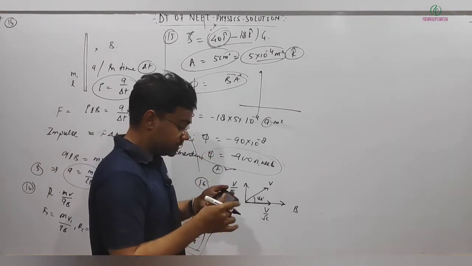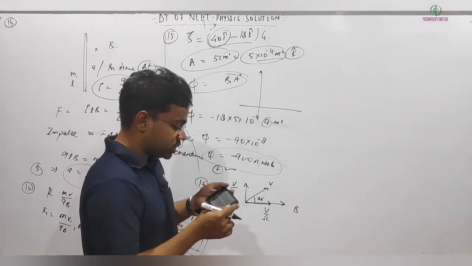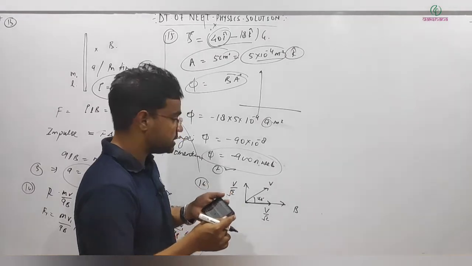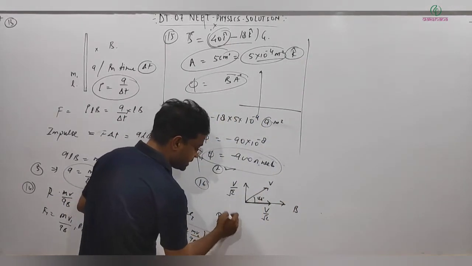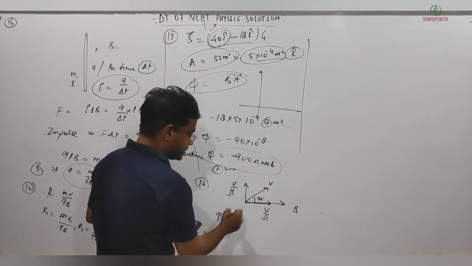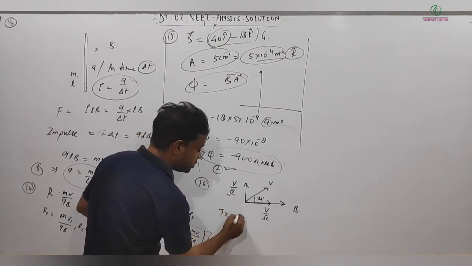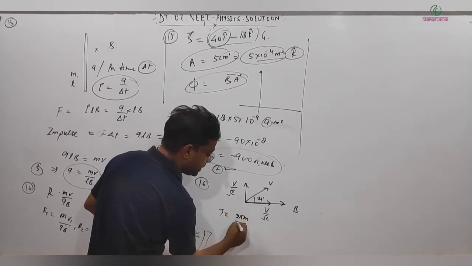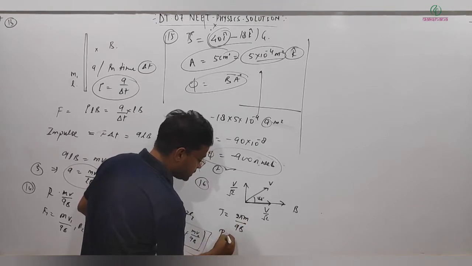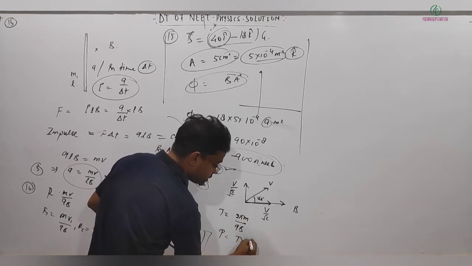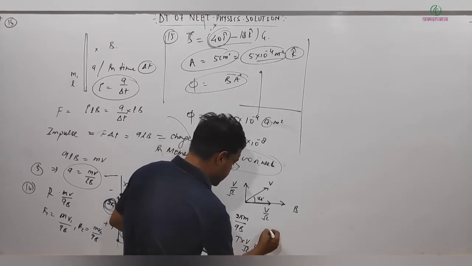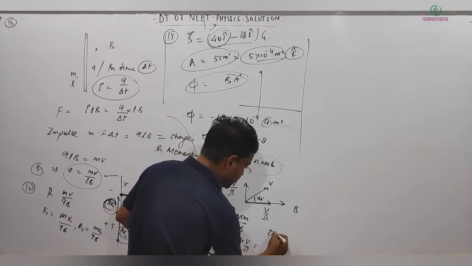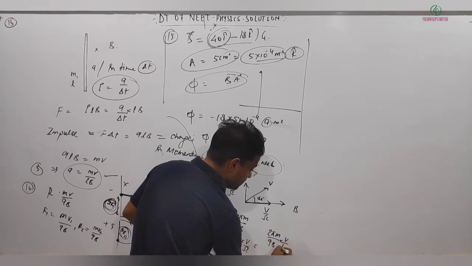Now, the pitch of the helical path followed by the particle is p. So first, what is pitch? Time period is equal to 2 pi m by qB, then pitch is equal to time period multiplied by velocity along the field, that is v by root 2. So pitch can be written as 2 pi m by qB multiplied by v by root 2.